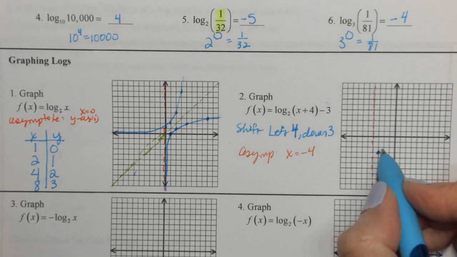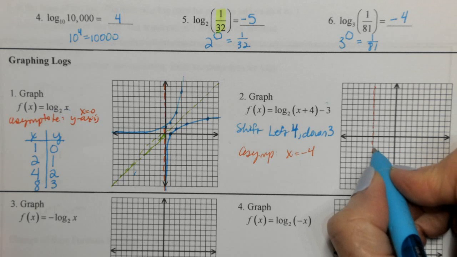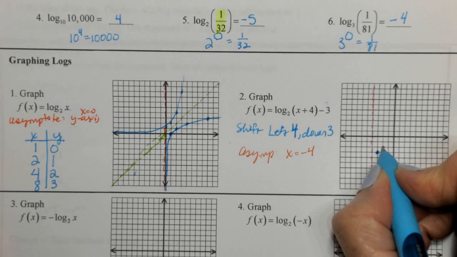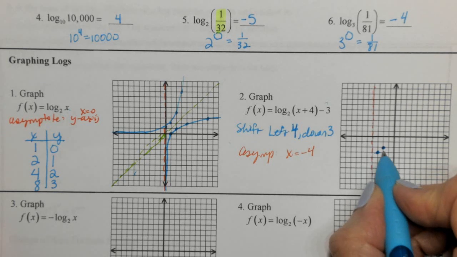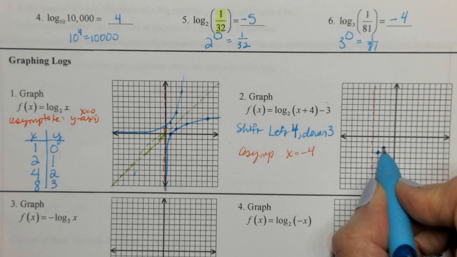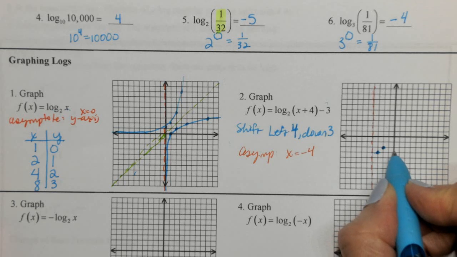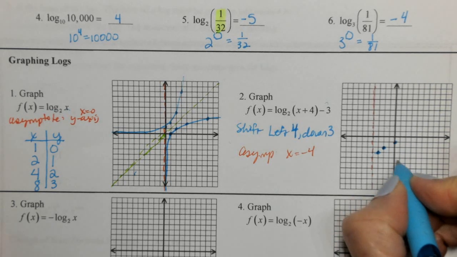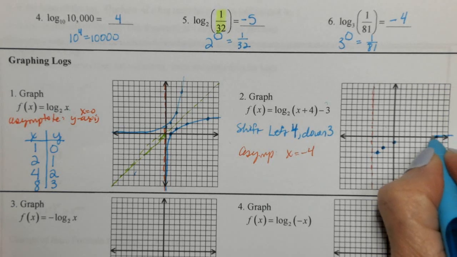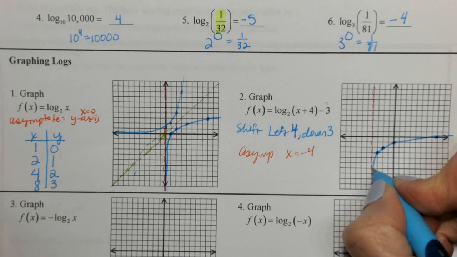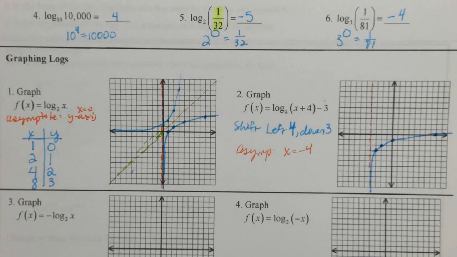Okay. And then where I was at 2 over, I would go 1 up. If I go 4 over, I'll go 2 up. If I go 8 over, I'll go 3 up. Just like that.